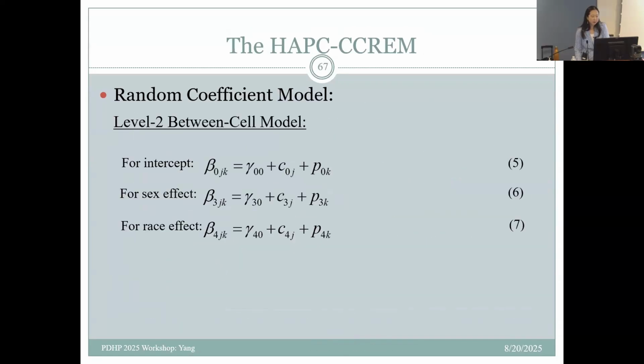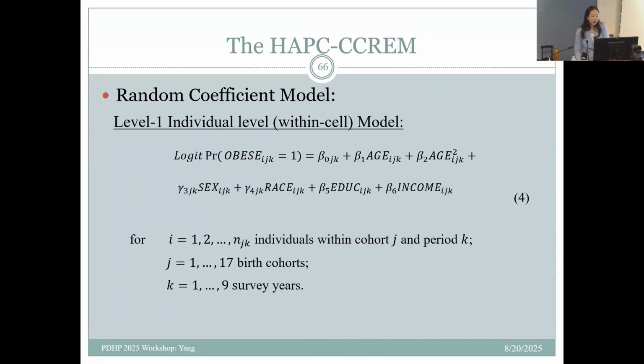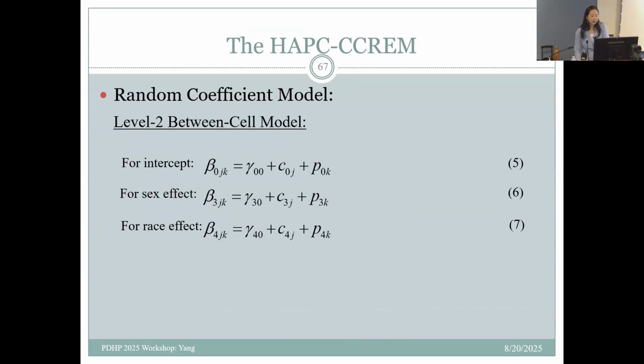Scrolling through here, I'm not testing education in this example, but I did before. Here I'm focusing on sex and race, where their coefficients now have the subscripts J and K, and I test their variance by cohort J and period K. So this is a direct test of independence.